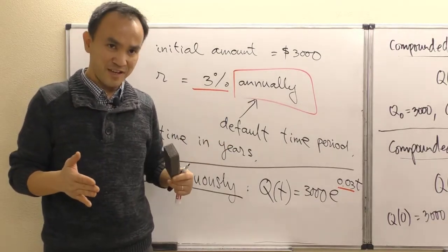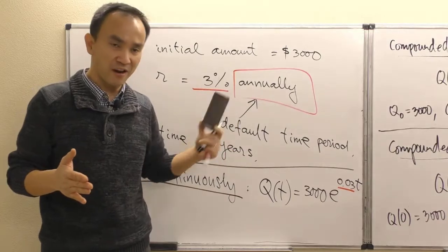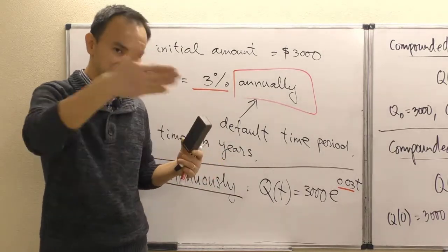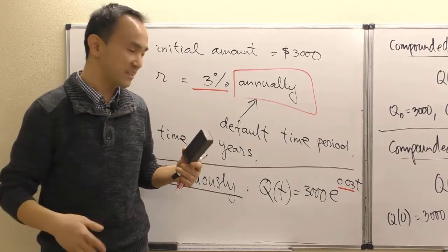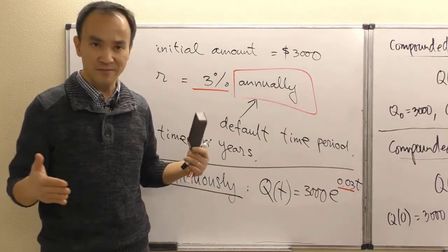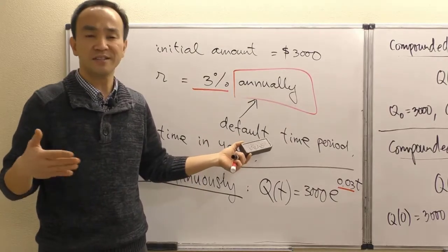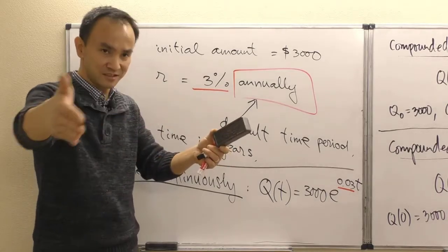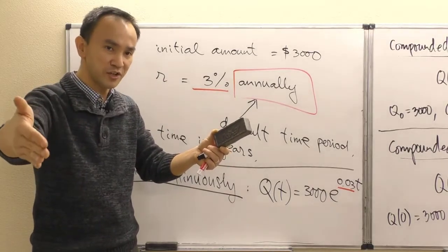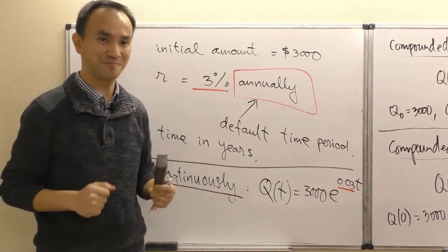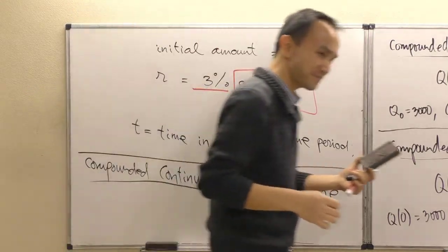Here it's quite easy for any one of us, so we can save some effort by just doing time 0 and then exactly 1 year later, and 1 year is the default time period. If the default time period is 1 month, then we're talking about the initial time, and then how much interest is produced and accumulated in 1 month later. Okay, and so that's the idea.